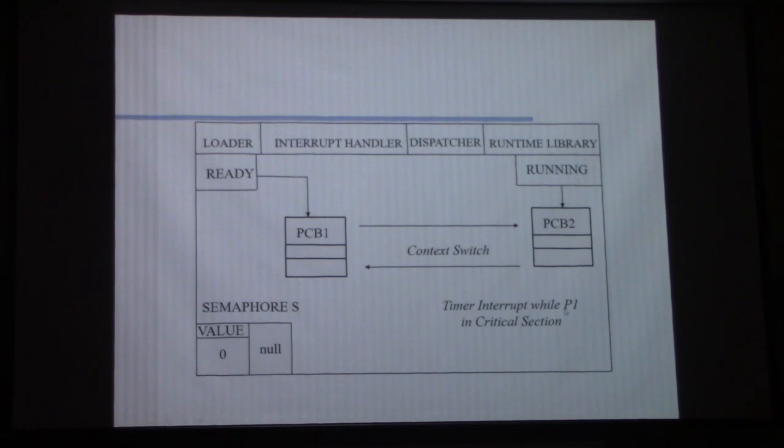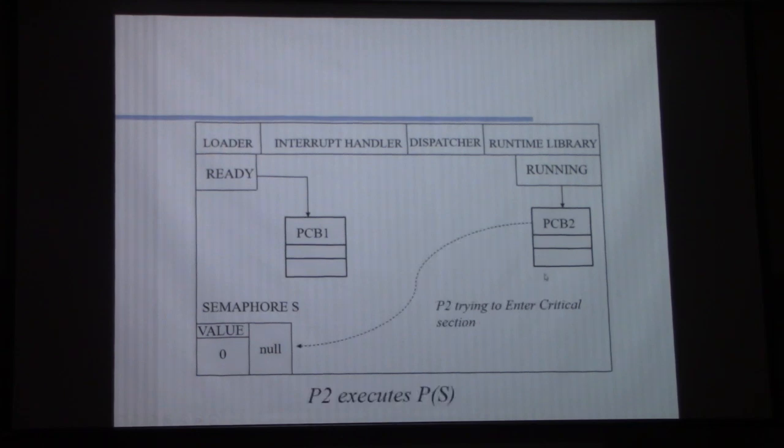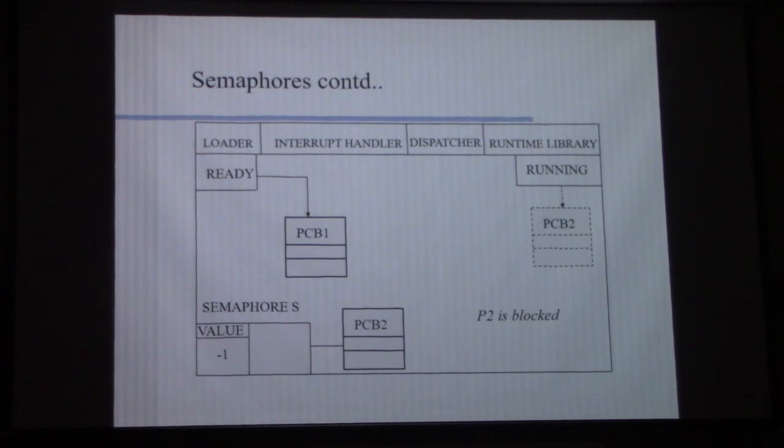There is a timer interrupt while P1 is in the critical section, and P2 goes to the CPU. So if P2 applies a P operation and tries to enter the critical section, we decrement the value of the semaphore by 1, and then P2 will be sent to wait on the semaphore. And this is the state. P2 is blocked on a semaphore.